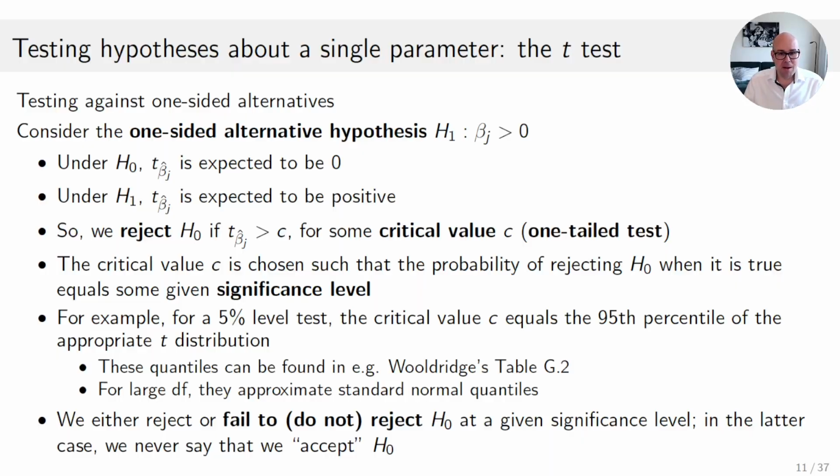Another thing that's important, and that is much more important than even in this presentation here: for large degrees of freedom, the t-distribution is approximately equal to the standard normal distribution, so you can just use standard normal quantiles, right? So you don't really have to go and look up stuff for the t-distribution when you have more than 100 degrees of freedom.